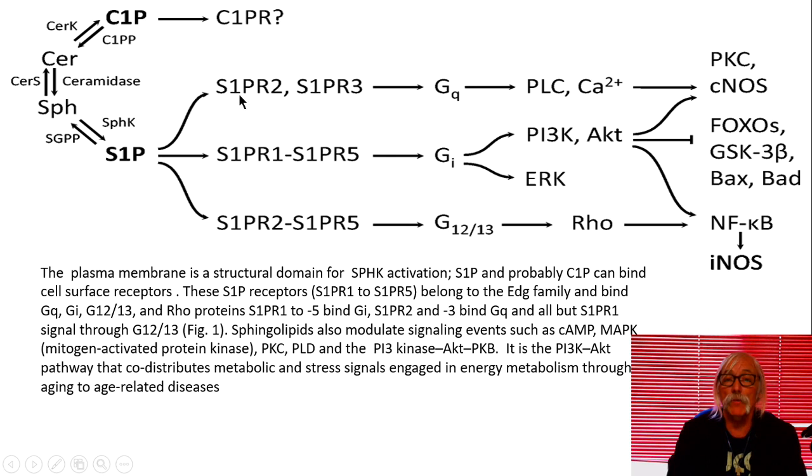and there are multiple receptors for this sphingosine 1-phosphate. Receptor 1 to 5, or 2 to 5, working through different G-coupled protein complexes, inhibitory and activating.